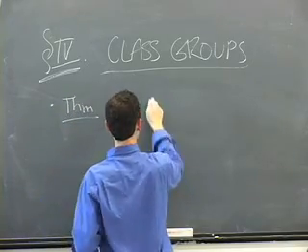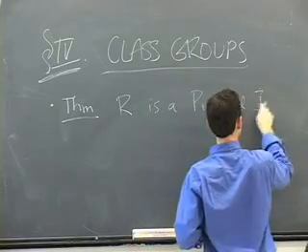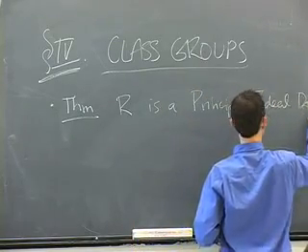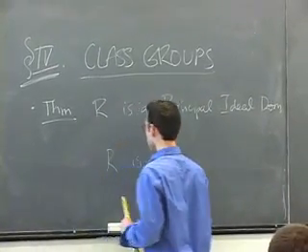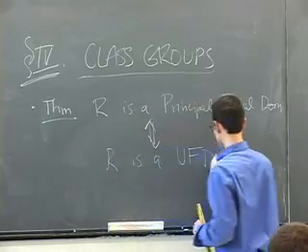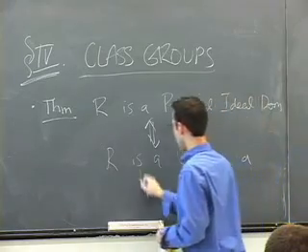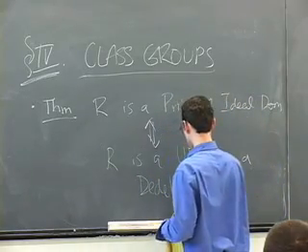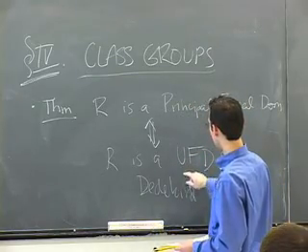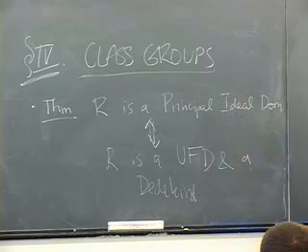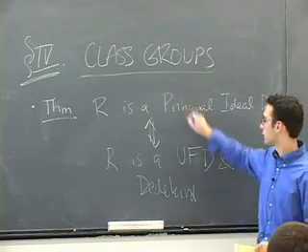Here's the result: R is a principal ideal domain if and only if R is a unique factorization domain and a Dedekind domain. Now, one of these directions is hard. Going from UFD plus Dedekind domain to principal ideal domain requires a little work. I will not go through it. But there is one direction which is easy. Going from here to here is easy.